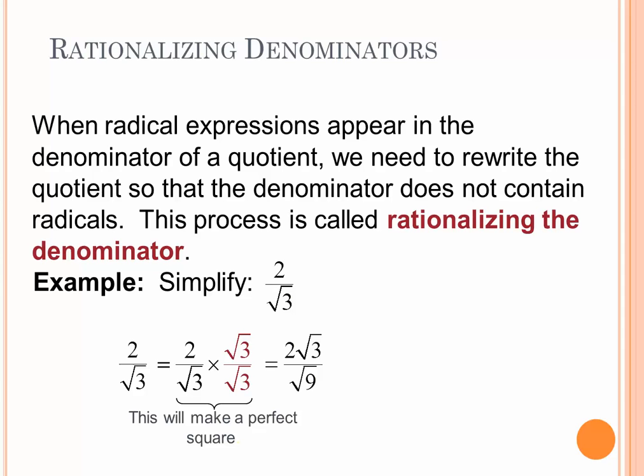In the numerator, we end up with 2 times the square root of 3, and in the denominator, we end up with the square root of 9. Square root of 9 is just 3, so this becomes 2 times the square root of 3 divided by 3.